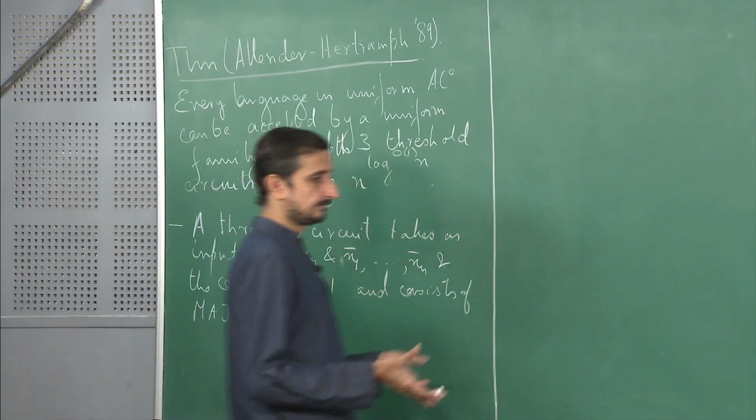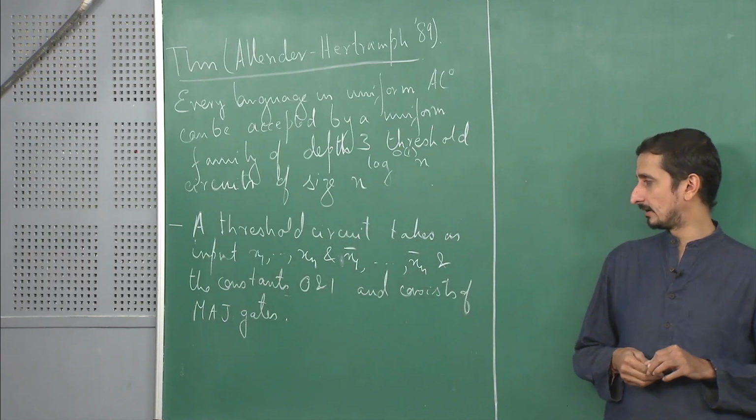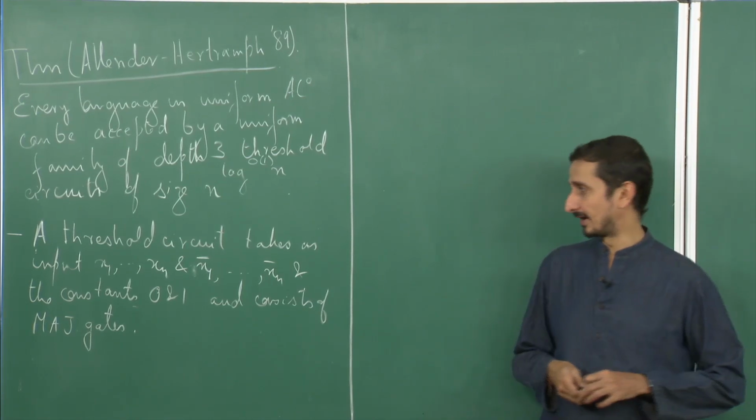Okay, so majority gate is something that we have seen. It outputs 1 if more than half the number of inputs are 1.